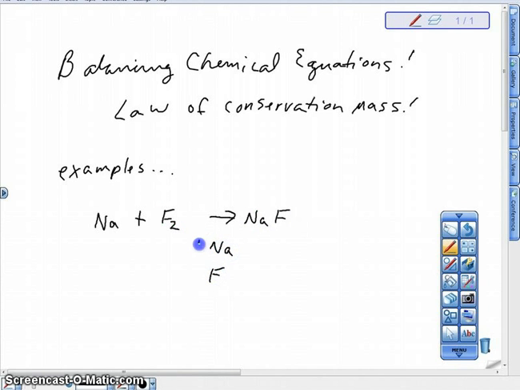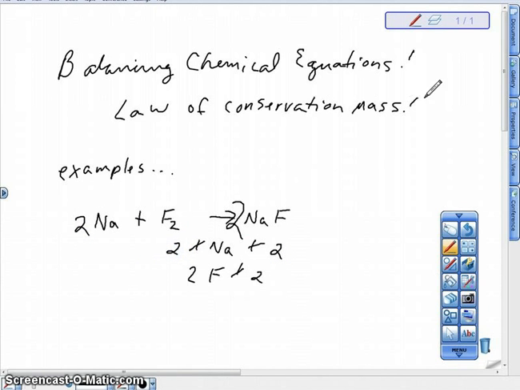So we have one sodium on this side, two fluorines, one of each on the other side, noting that the fluorines are not equivalent, adding a coefficient only to make this problem go away. But two fluorines means two sodiums, and so then we had to come over and add a 2 over here as well. So that should be your basic reminder of how to balance a chemical reaction.